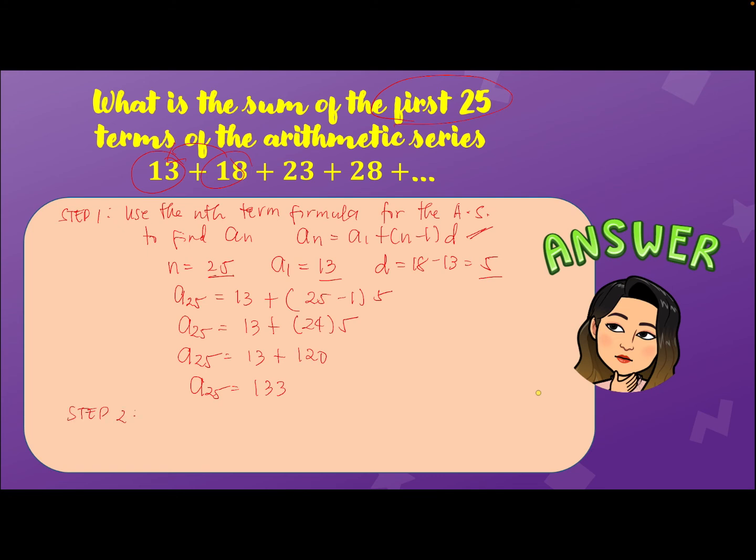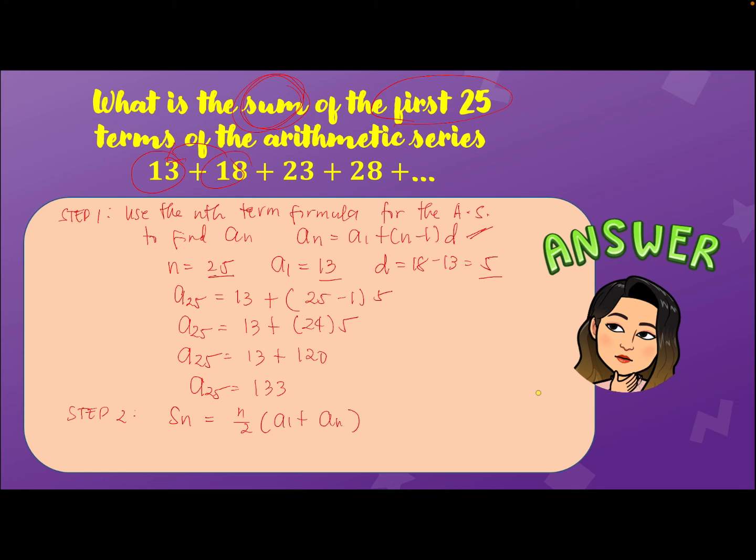In step 2, since we're talking about the sum, we're going to use the formula sum of n is equal to n over 2 times the quantity a sub 1 plus a sub n.